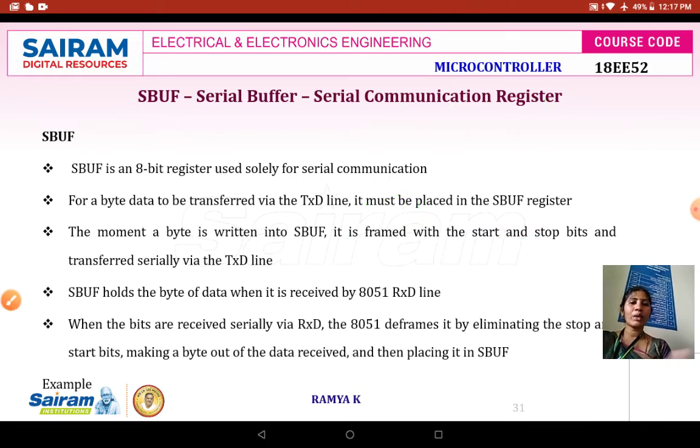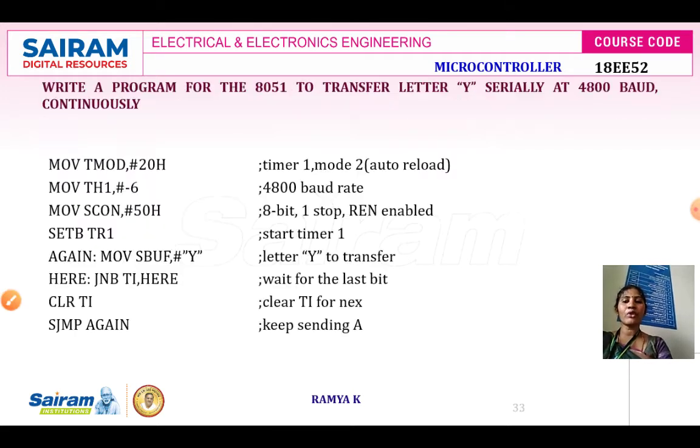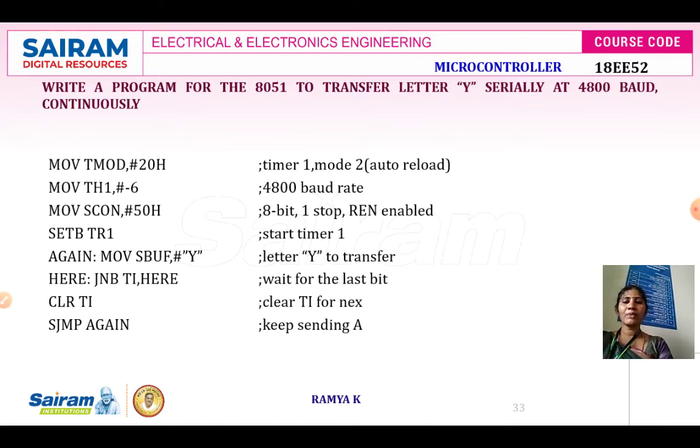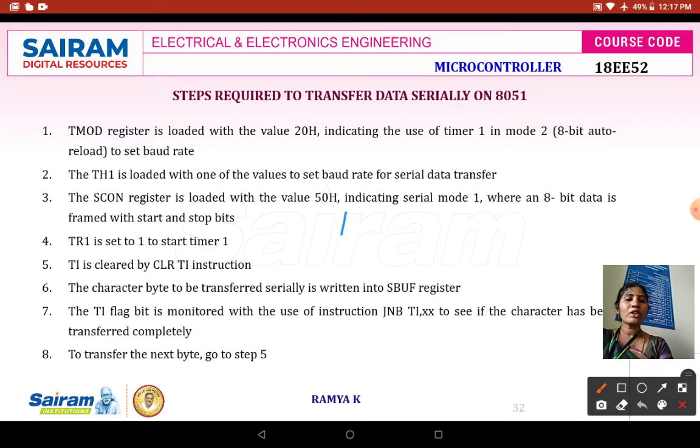Now we will see one program. I want to tell what the steps required to transmit the data serially are. These are mandatory steps that you have to follow for transmitting your data. The key points to be noted: to transmit the data, first you have to load your TMOD register.